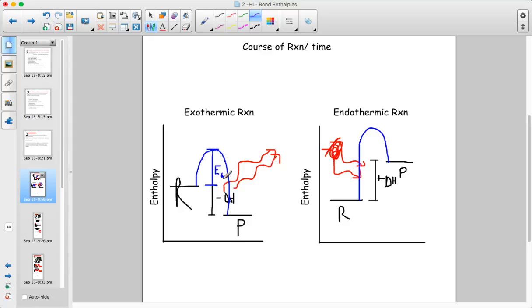Even very spontaneous reactions like burning methane, burning alcohol, they don't just start on their own. You have to spark them. You have to give them that initial input of energy. That's what the activation energy is. It's the minimum energy required for a reaction to take place. In this next one, you've got this huge activation energy. From the bottom all the way up to the top of that energy hill, that is the activation energy. So both of them have activation energies.